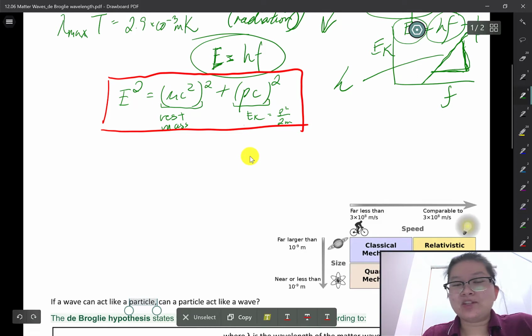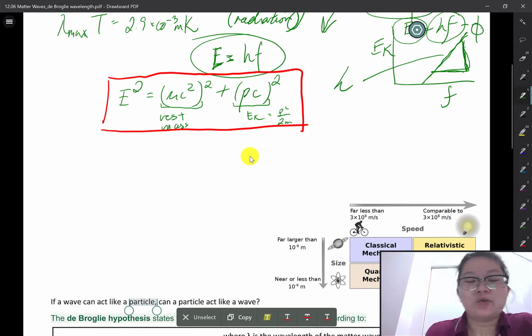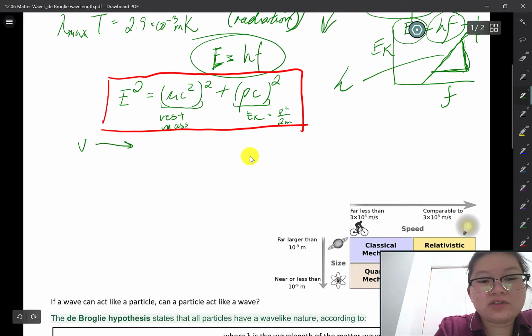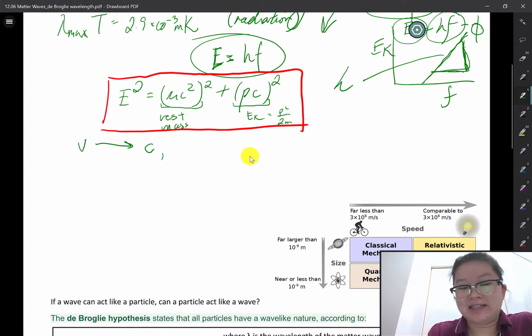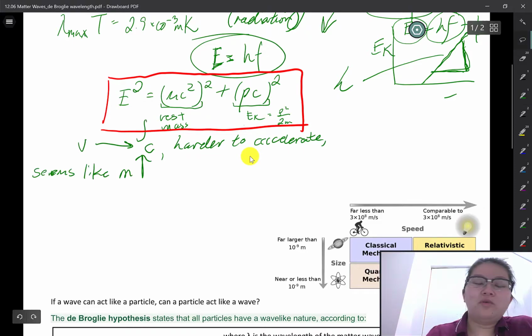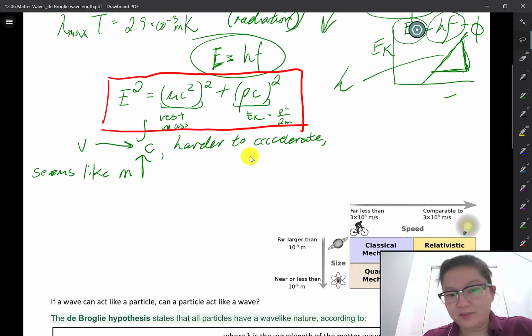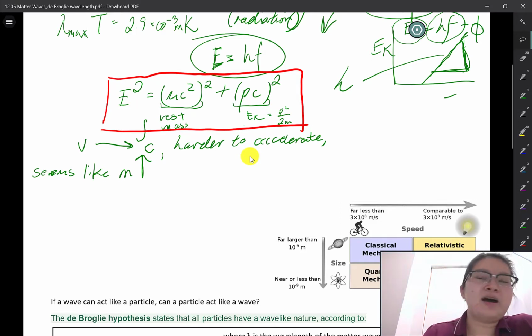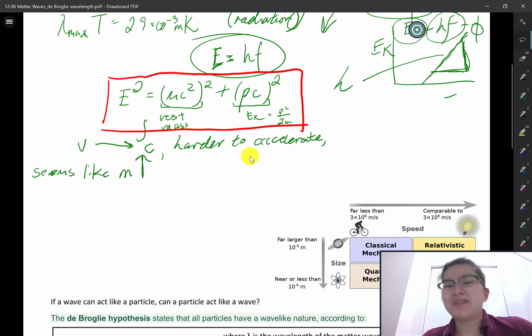First of all, we have to appreciate Einstein's work on special relativity, which is when a particle's speed approaches the speed of light, we notice that it becomes harder to accelerate it. So from a relativistic point of view, to model that, it seems as if the mass of the particle is increasing. Either way, if it becomes harder to accelerate, we know that the force needed to get it to accelerate at higher speeds becomes harder and harder.